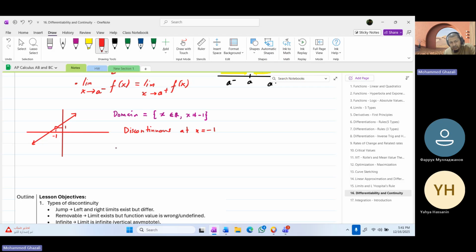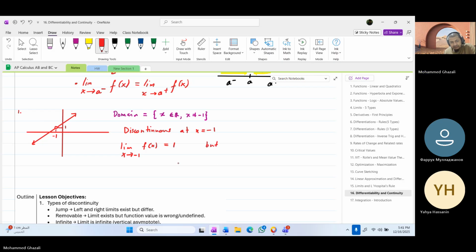Why is it discontinuous? Because the limit as x approaches -1 of f of x exists, and the value is 1.